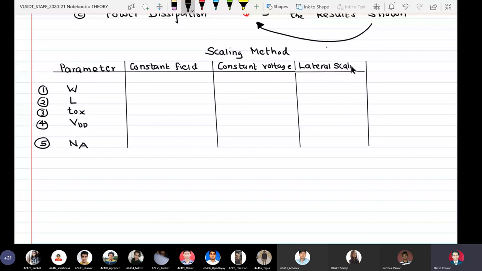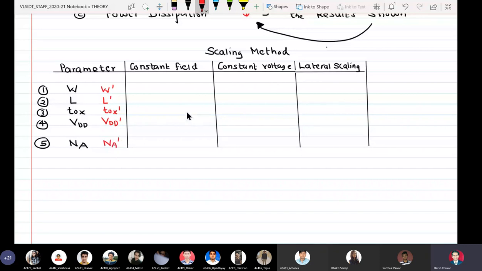lateral scaling, already defined. So in constant field scaling, the new values will be W dash, L dash, Tox dash, VDD dash, and NA dash.